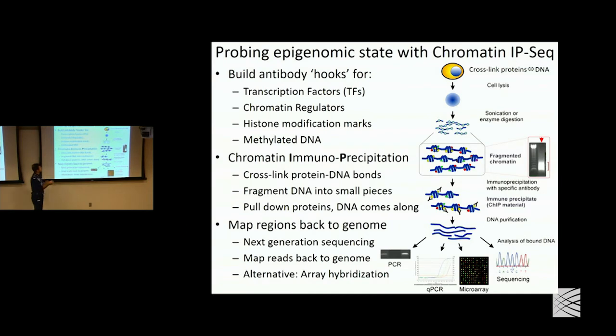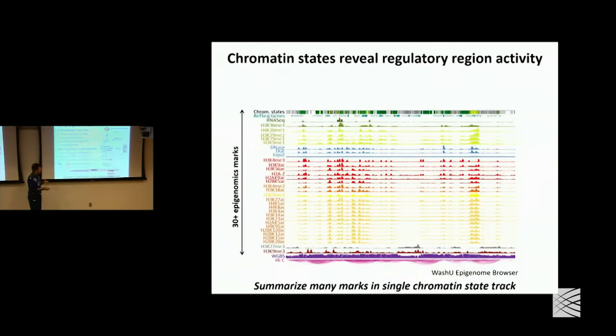We use assays like chromatin immunoprecipitation, which basically builds antibodies in animal models that go and pull down every region that has a particular modification, and then you chop up all the regions that got pulled down, and then you sequence them, and you map them onto the genome. And this is what you end up with.